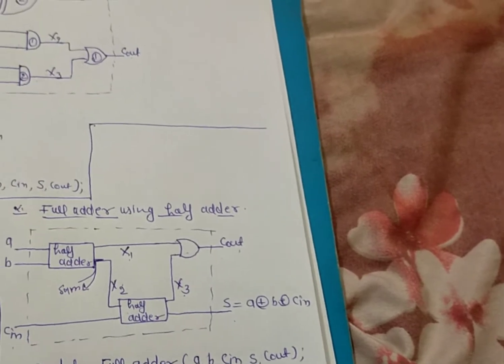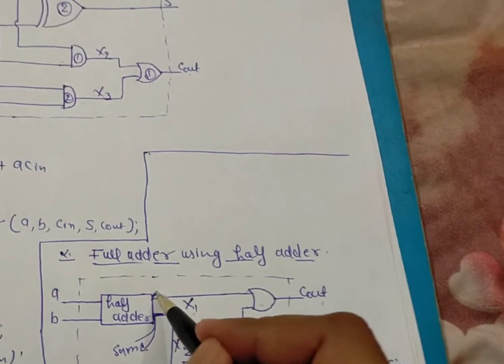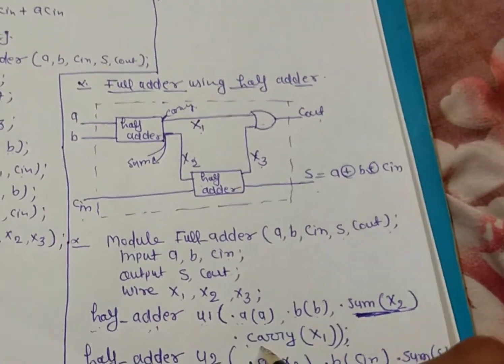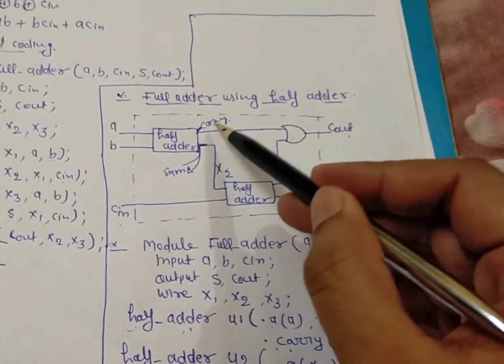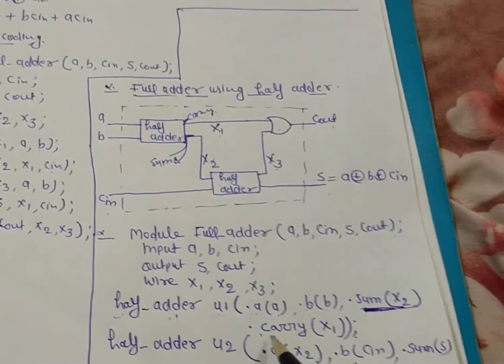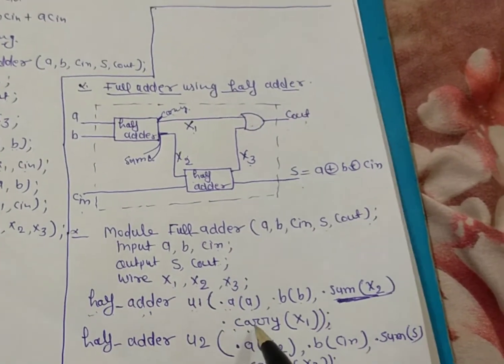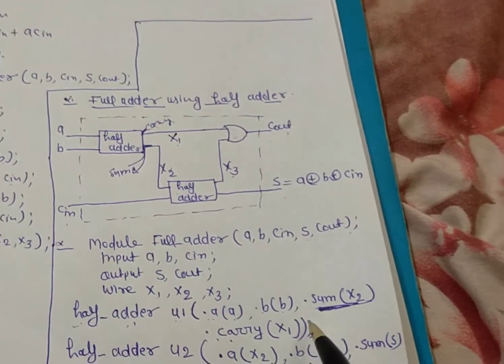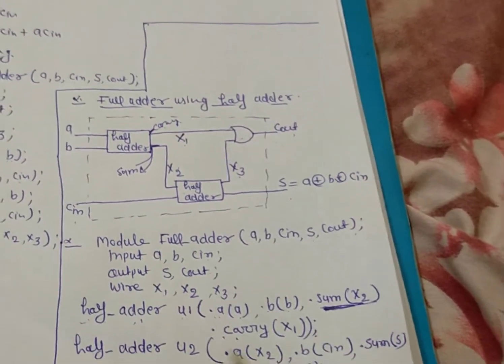Then carry, this carry basically represents this here, and the wire is x1. So we can write in this form: dot carry bracket x1 bracket close and then semicolon.